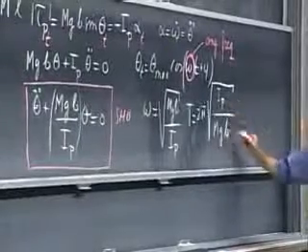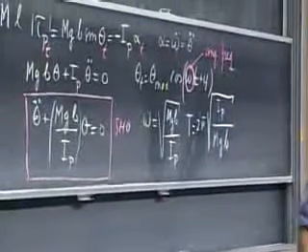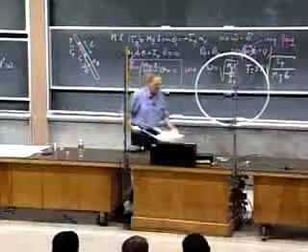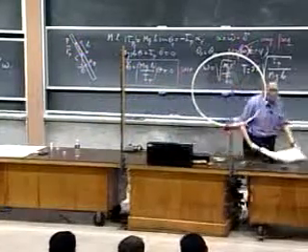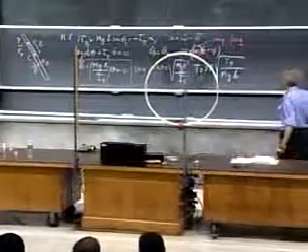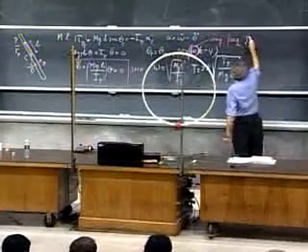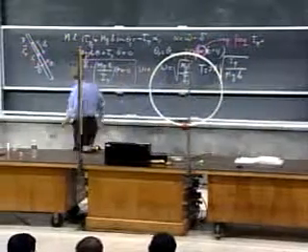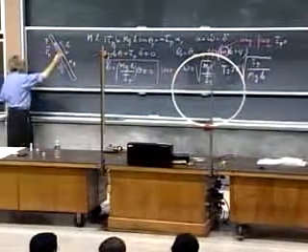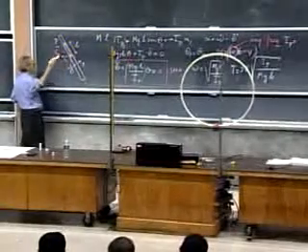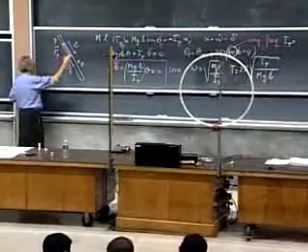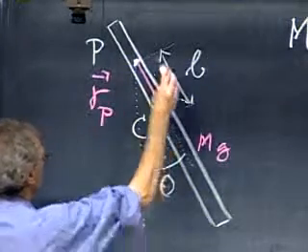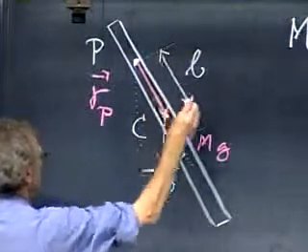This, by the way, is independent of the mass of the object. You may say, yeah, but there is a mass downstairs. Yeah, but there is also a mass upstairs, because the moment of inertia about point P has a mass in it. The moment of inertia about point P we find immediately by using the parallel axis theorem. If it were rotating about the center of mass, about this axis, then it would be 1/12 ml squared, and so we have to add mb squared.